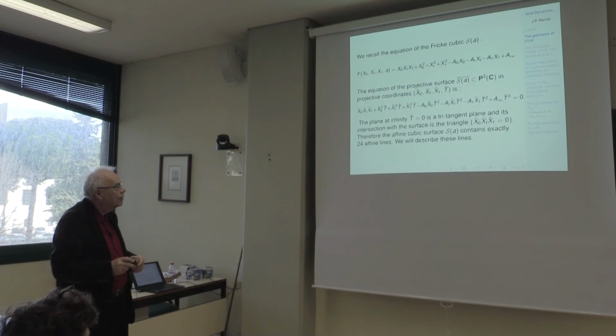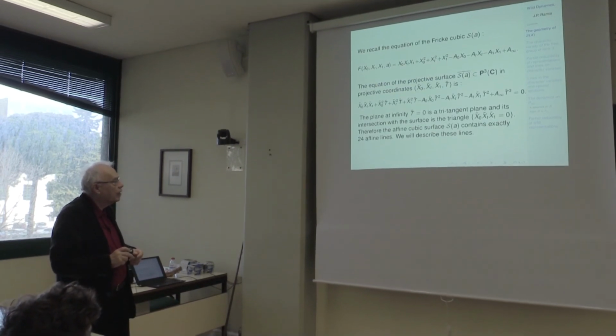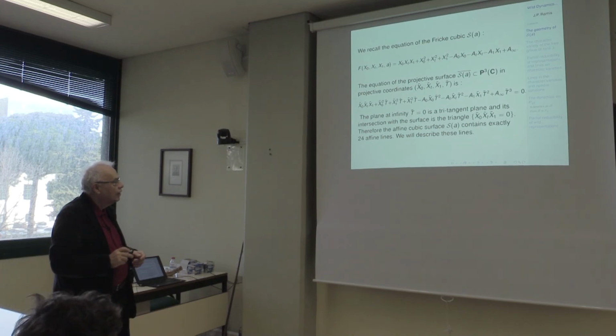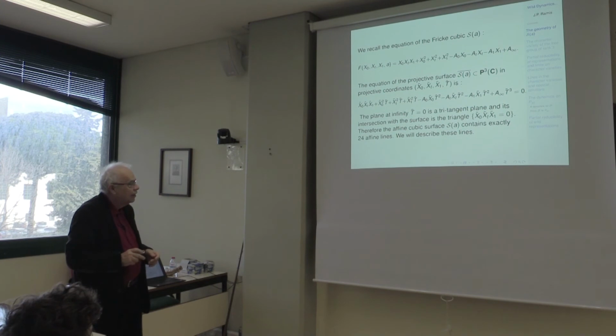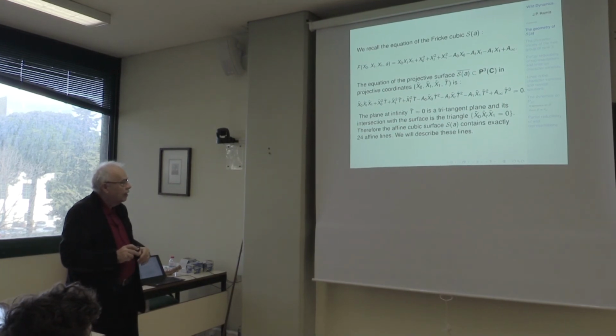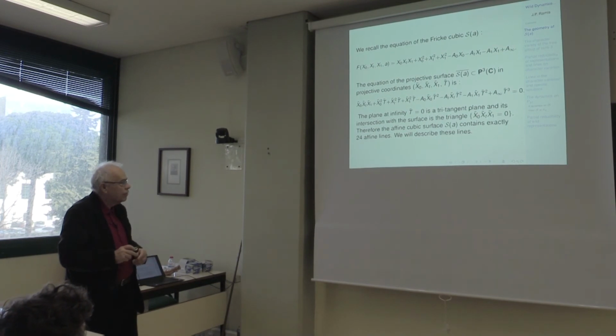So now I recall the equation of the Fricke cubic. I look at it projectively in P3. So you see immediately that the plane at infinity is a tritangent plane, and the intersection with the surface is a triangle.